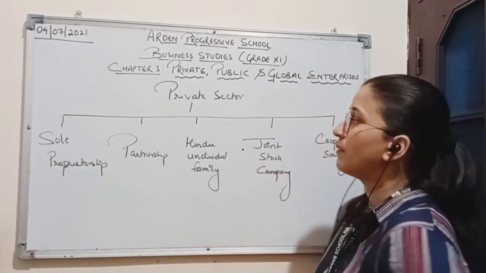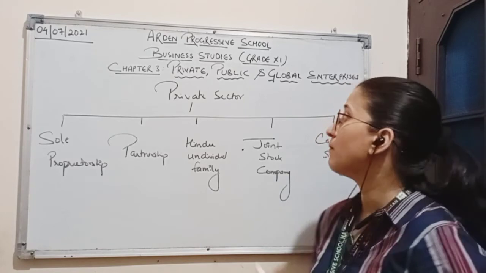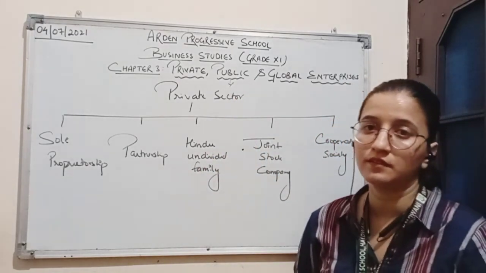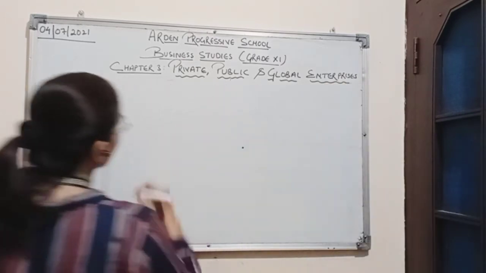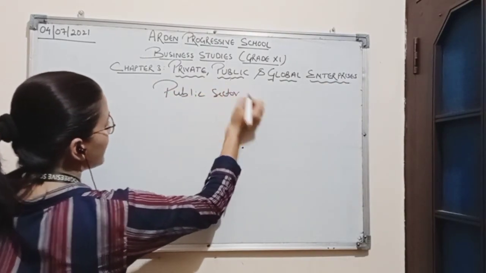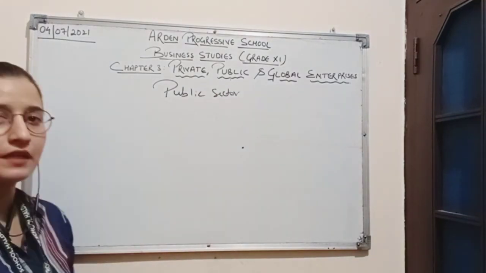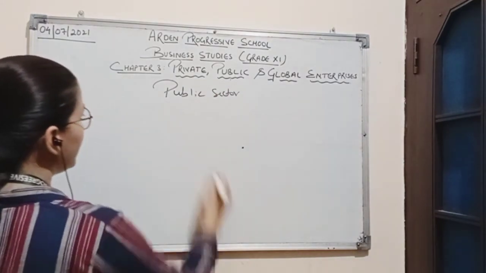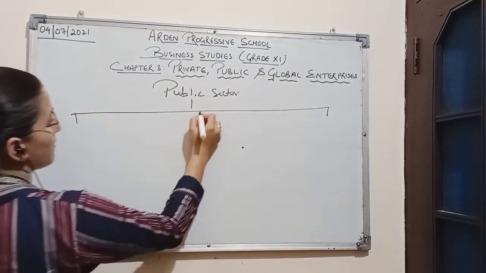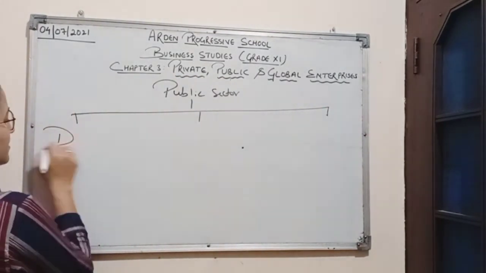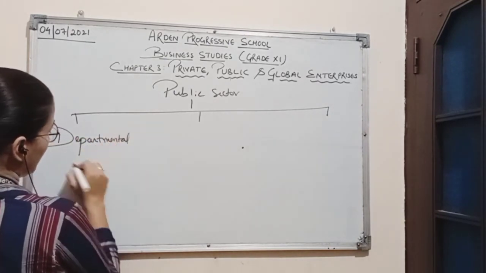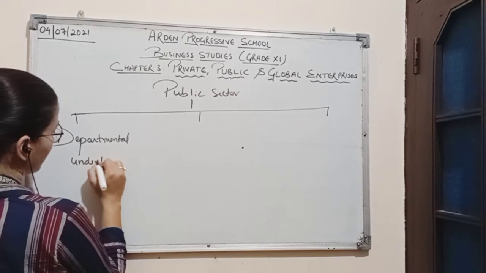So in this chapter, we will be studying the companies which come under the public sector. Public sector means the company which is owned and managed by government. There are three forms of business under public sector. First is departmental undertaking.